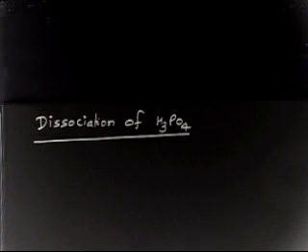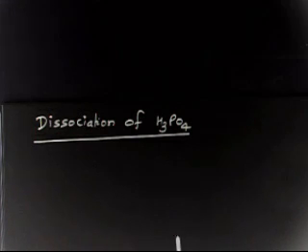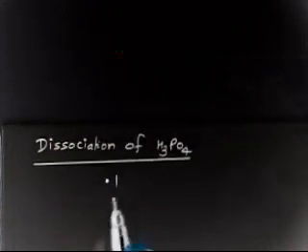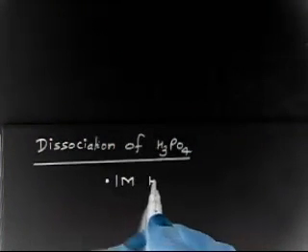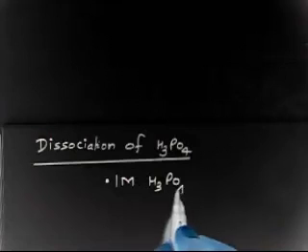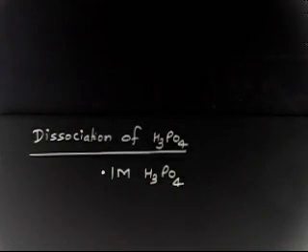So this question says, calculate the concentration of all species of significant concentration that are present in 0.1 M H3PO4. So I have 0.1 M H3PO4.